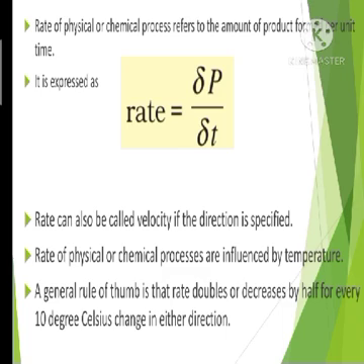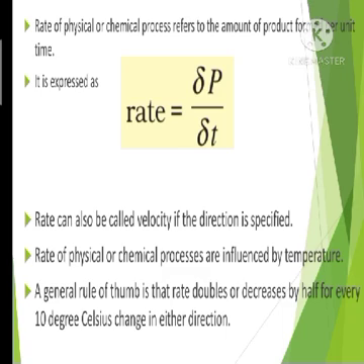Now the rates of physical or chemical processes are influenced by various factors, and one of the important factors that influence the rate of reaction is temperature. A general rule of thumb states that the rate of reaction doubles or decreases by half for every 10 degrees Celsius change in either direction.